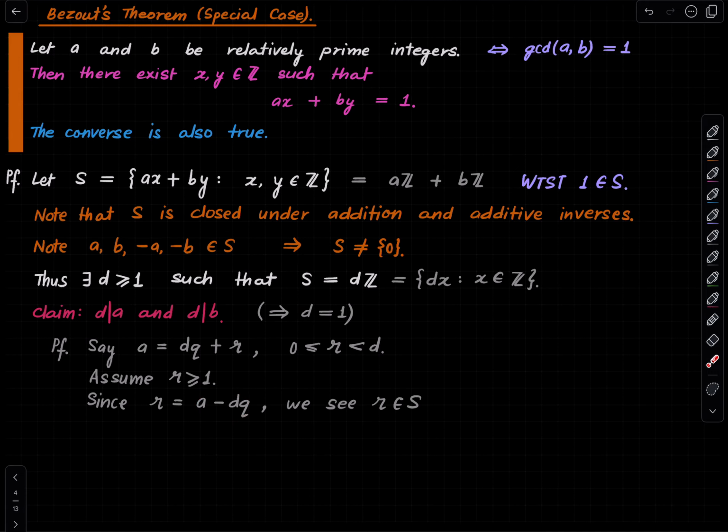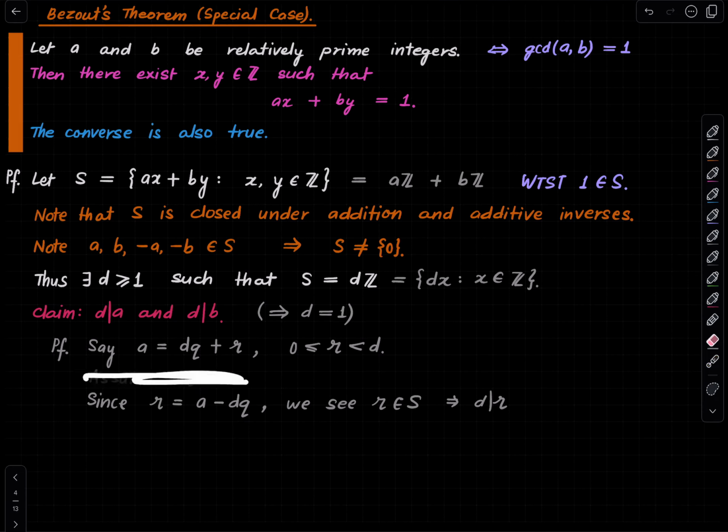Okay? But if R is in S, then D divides R. Right? What is S? S is precisely those things which are divisible by D. If R is in S, then D divides R. And that forces that R cannot be at least 1. So in fact, we didn't really need to go by contradiction.